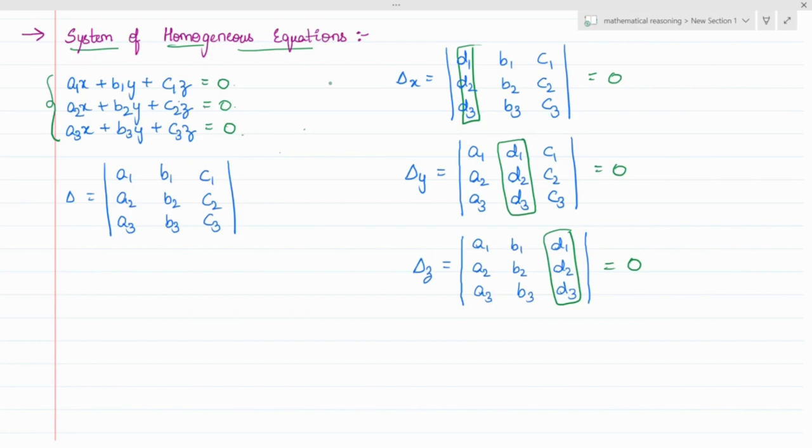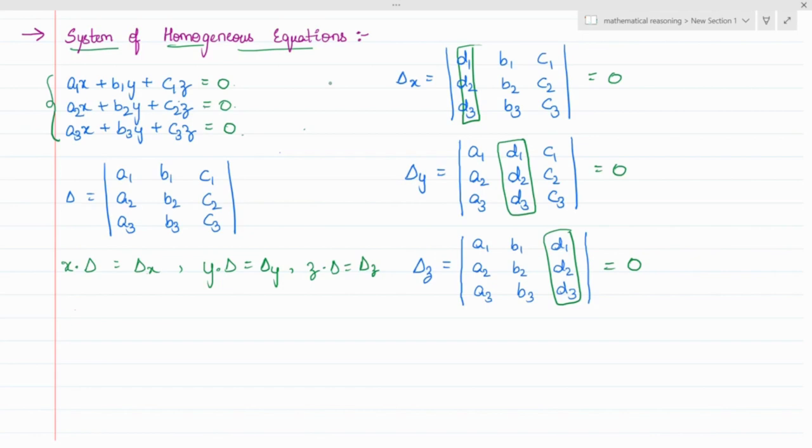And here, using the formula, x into delta is equal to delta x, y into delta is equal to delta y, and z into delta is equal to delta z. We have just seen that delta x, delta y, and delta z are 0 for the homogeneous equations.